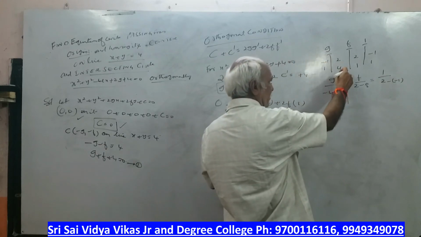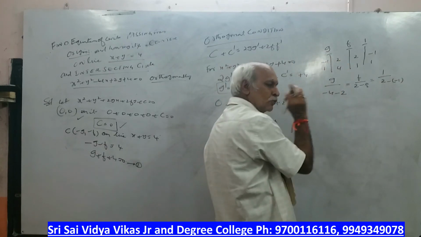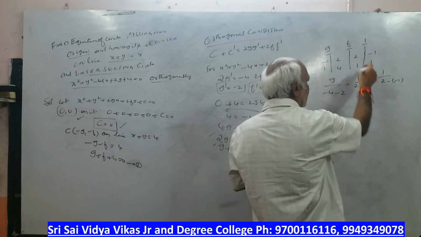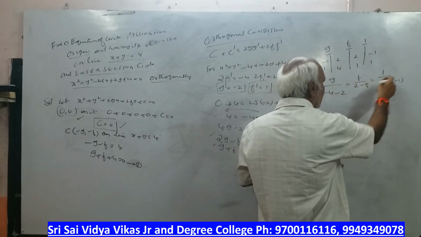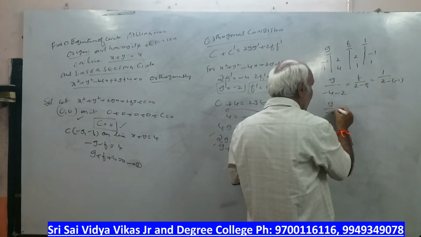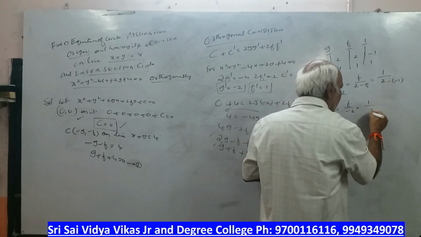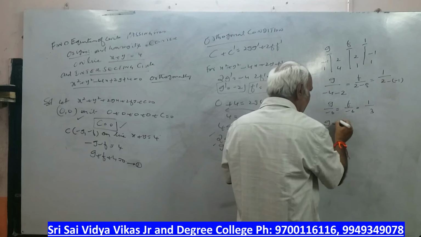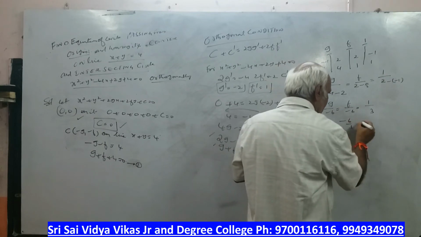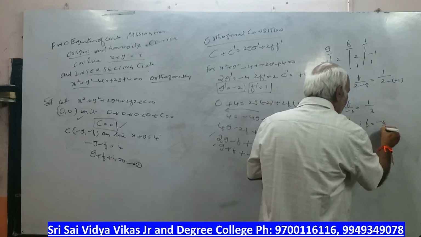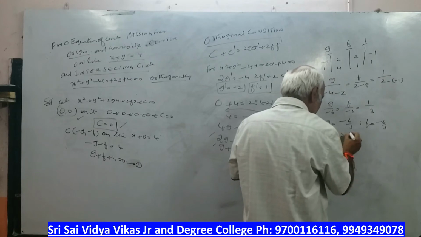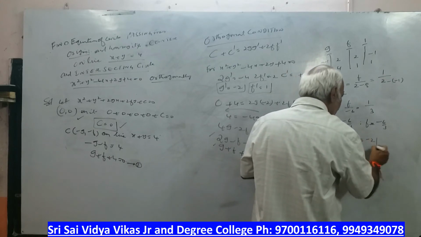So minus 1 into 4 is minus 4, 1 into 2 is 2, because the minus sign will be there. 2 into 1 is 2, 4 into 2 is 8. So g by minus 6, f by minus 6, 1 by plus 3. So what is the g value? Minus 6 by 3. And the f value? Minus 6 by 3. So the g value is minus 2, and the f value is minus 2.